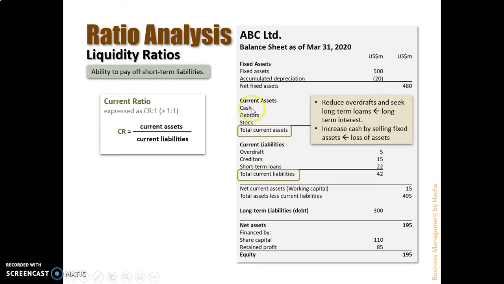It's safer to increase cash rather than debtors and stock. So you can increase cash by selling some assets. But this means that you might also be losing some assets that at some point might become important for you, and you just got rid of them. So that's something to consider.